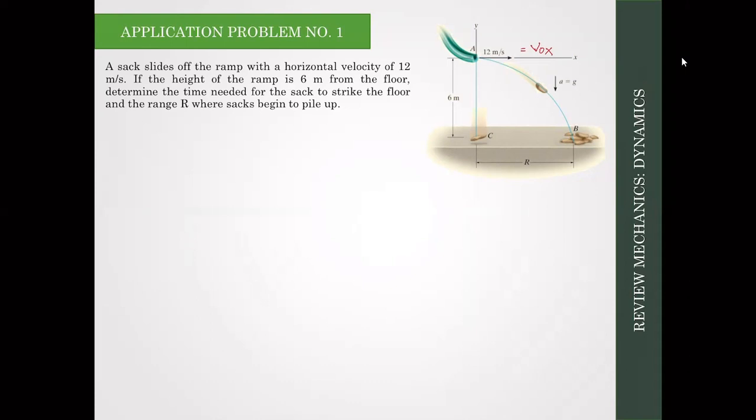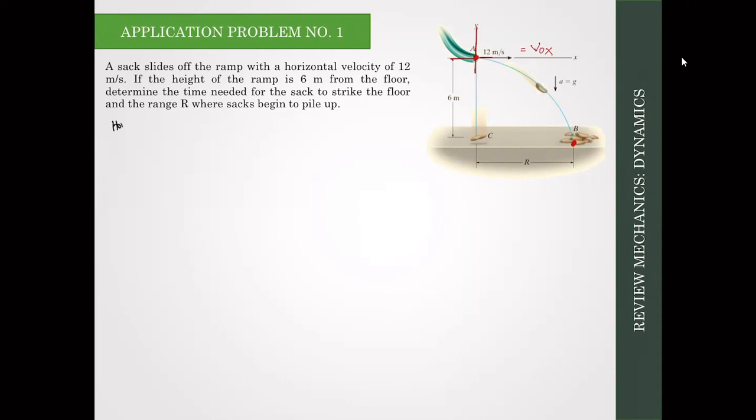So, ibig sabihin, itong point A, ito yung consider natin na 0, 0, yung origin natin. Okay? So, ang location na kailangan natin is dito kay B. Okay? So, kailangan sa paglalagay ng given, kunin mo yung mga values niya sa horizontal direction and vertical direction. Okay? Isa-isayin natin.